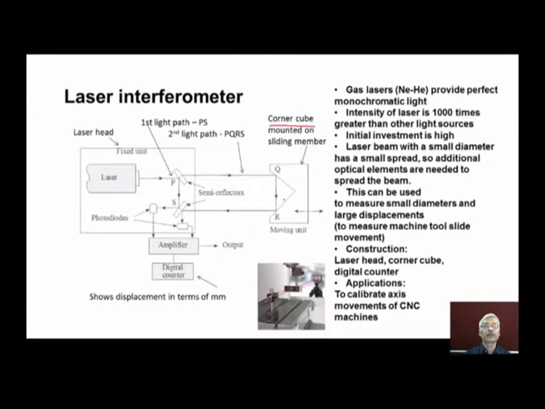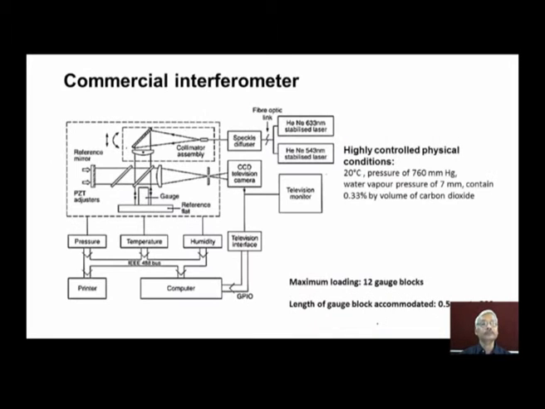So like this, depending upon the movement, we get dark band and bright band. By counting these bands, we can measure the machine tool slide movement. So normally these laser interferometers are used to calibrate axis movements of CNC machine tools.